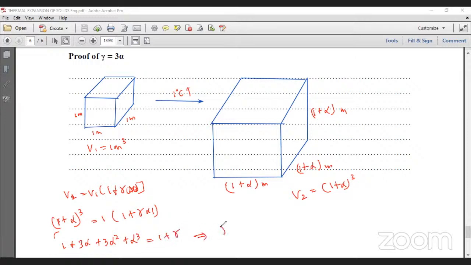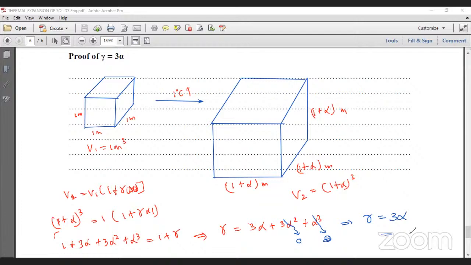So gamma equals 3 alpha plus 3 alpha squared plus alpha cubed. The higher orders of alpha, alpha squared and alpha cubed, can be considered as 0 because they are very small. Then you can write gamma equals 3 alpha.